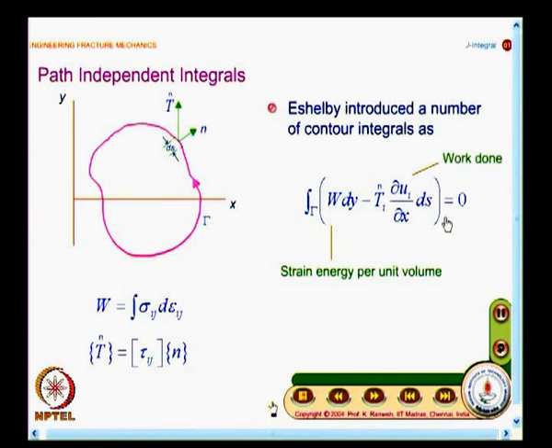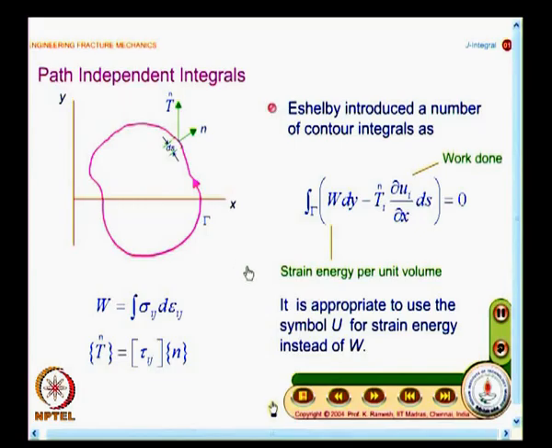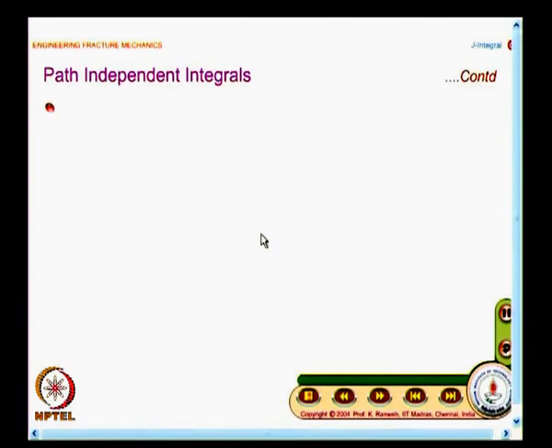How is this applied to fracture problems? This is what we have to look at, and that was done by Rice. As I mentioned, since we are accustomed to looking at strain energy with the symbol capital U, it is mentioned here. As books show it like this, I thought I would show both these types of expressions.